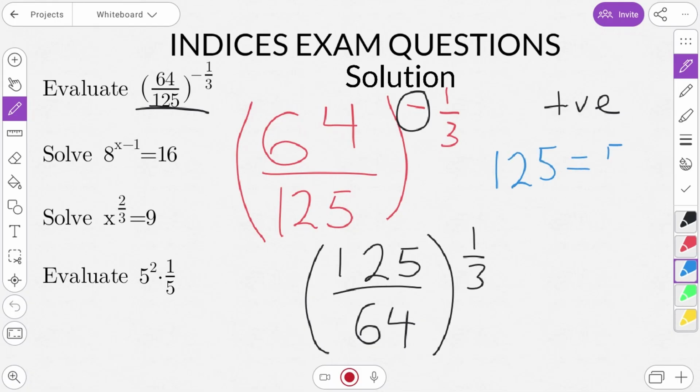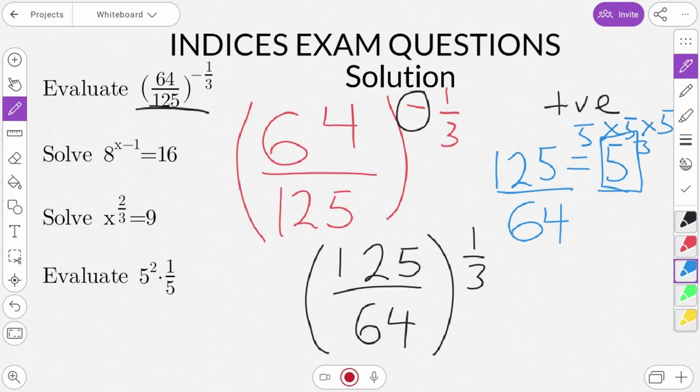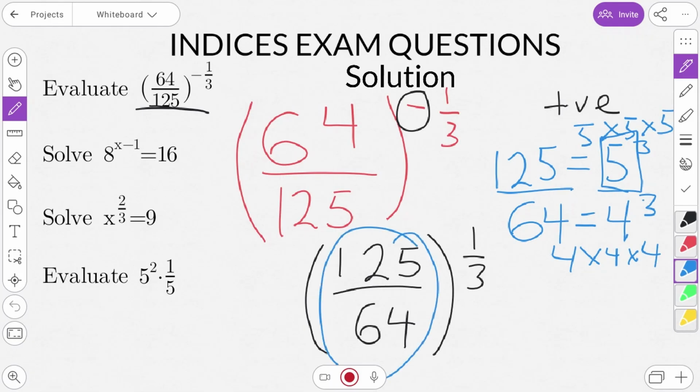Now we have 125, which is equal to 5 raised to an exponent of 3. That is to say, 5 times 5 times 5, that is 5 multiplying itself 3 times. And 64, which is 4 to an exponent of 3 as well. 4 times 4 times 4, or 4 multiplying itself 3 times.